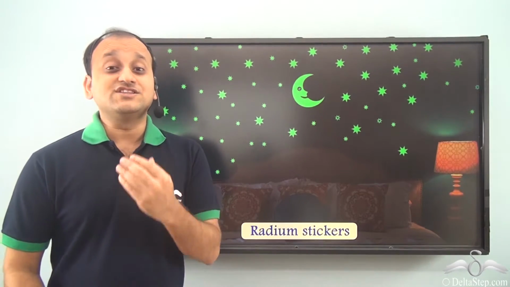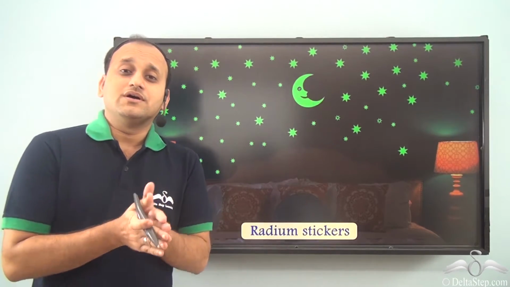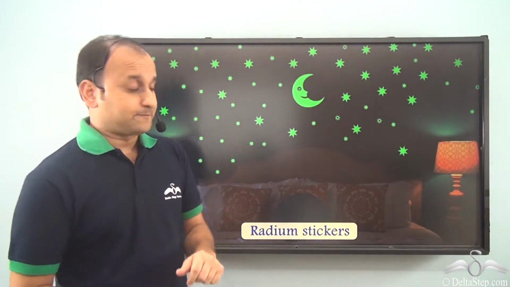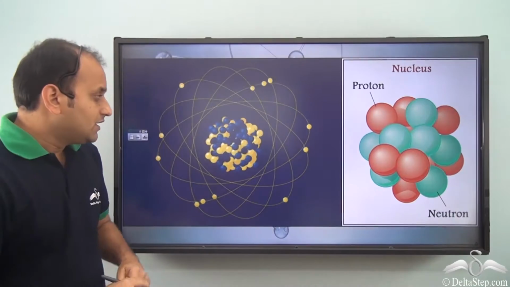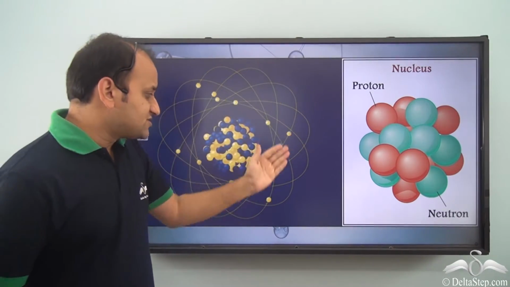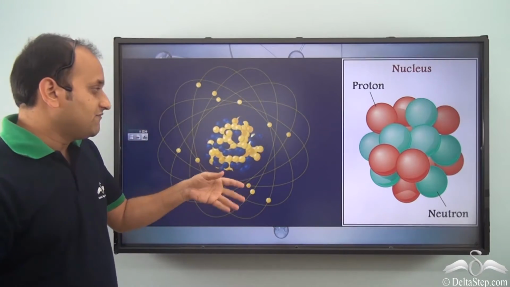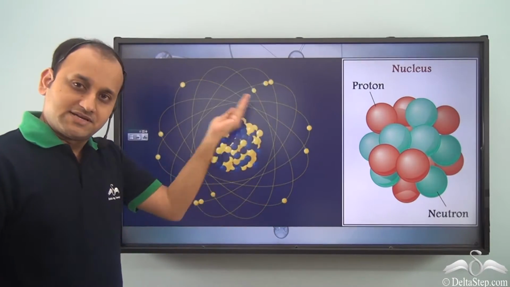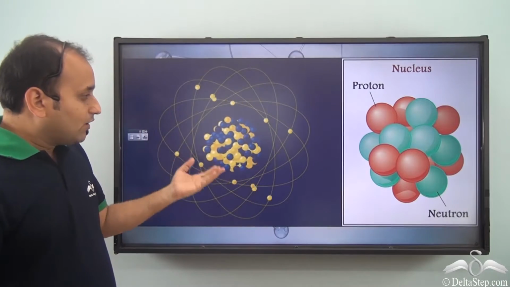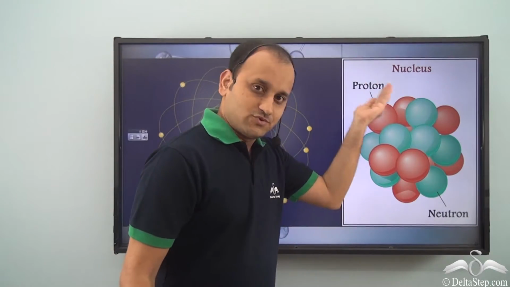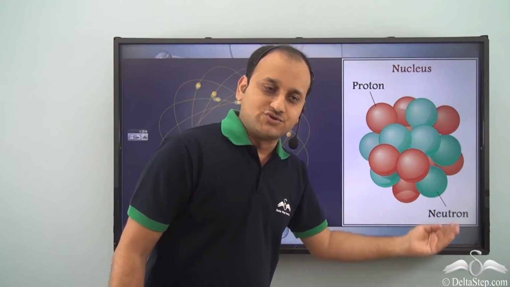For that, let's first understand how a normal atom looks like. Now, this is a usual structure of an atom. We have a nucleus in the middle, and then we have electrons orbiting the nucleus. This nucleus contains protons and neutrons.